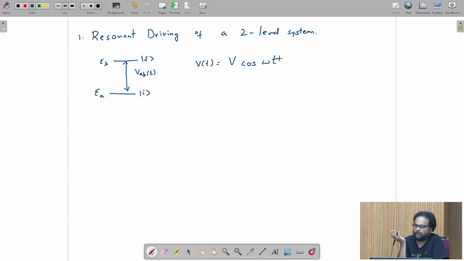We need to write out the equation of motion for the amplitudes of the wave function. Right? So if I write that out, remember B's, right? They are not C's. B's are in the interaction picture, but I'm not going to revise those parts. Only a two-level system, which is easier.